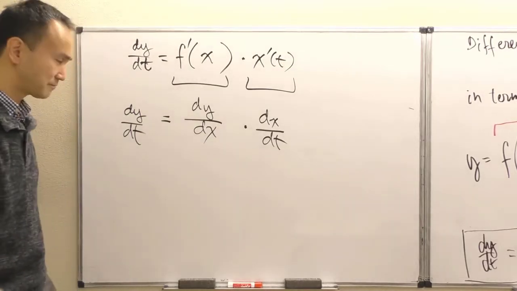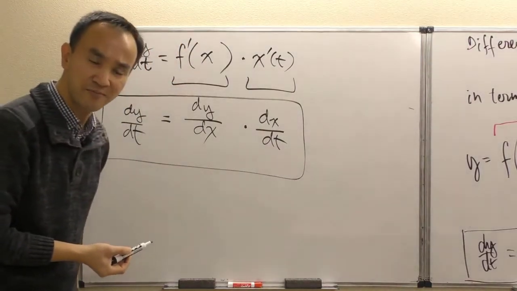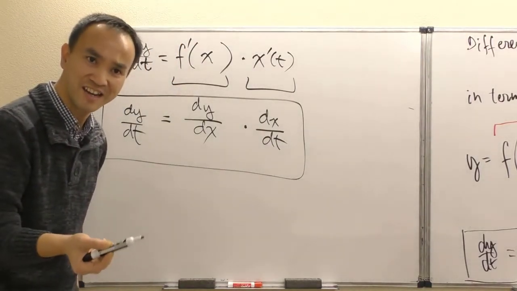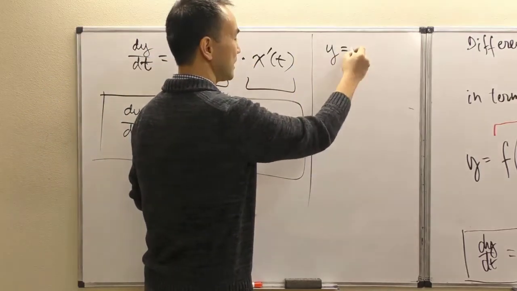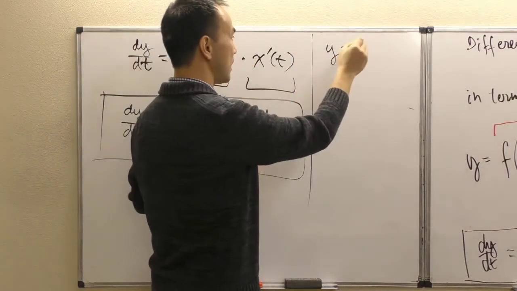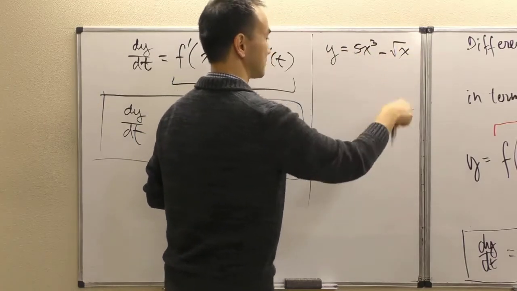But hey, isn't this exactly the relationship I pointed out in that demo problem earlier? In that demo problem we had y equals 5x cubed minus the square root of x.